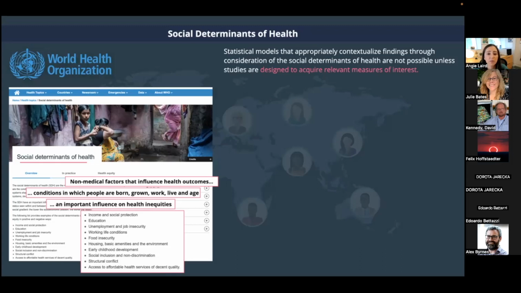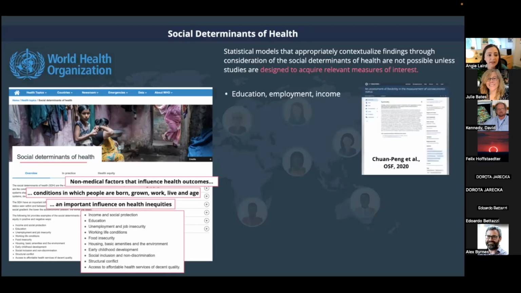Statistical models that appropriately contextualize findings through the considerations of the social determinants of health are not possible unless studies are designed to acquire relevant measures of interest. Most data sets include some variables related to education, employment, and income. This is something that's fairly standard that we see in terms of our data acquisition protocols.